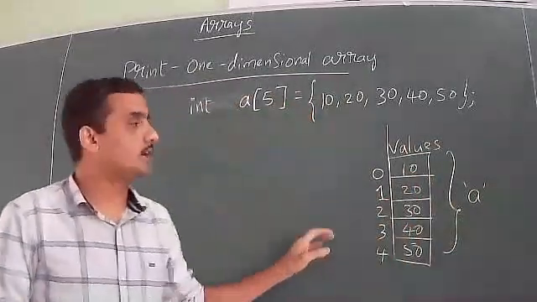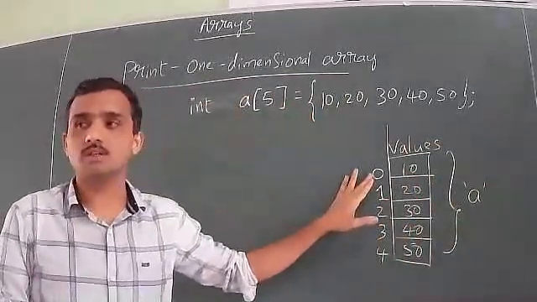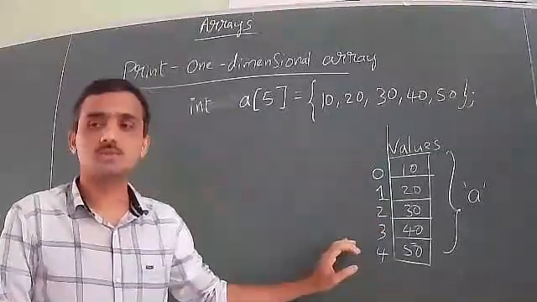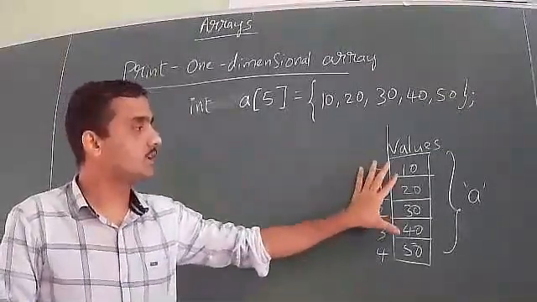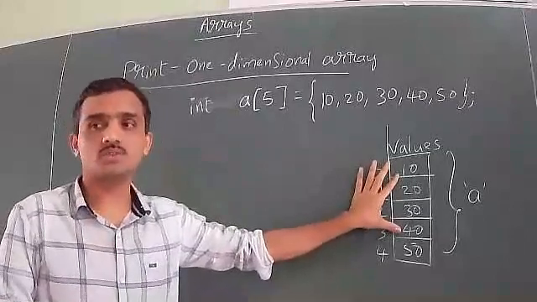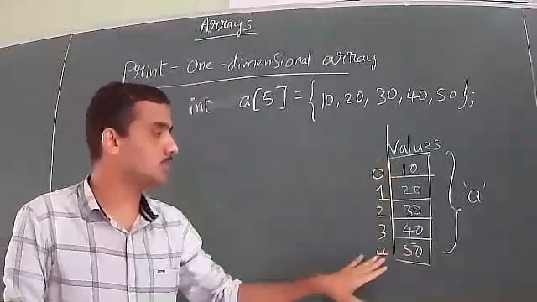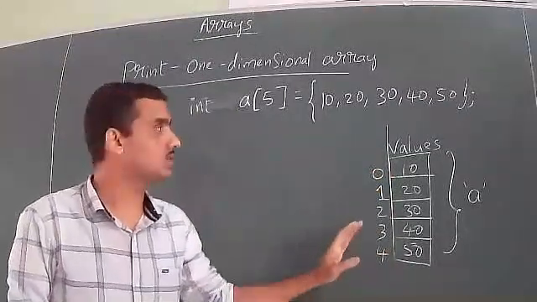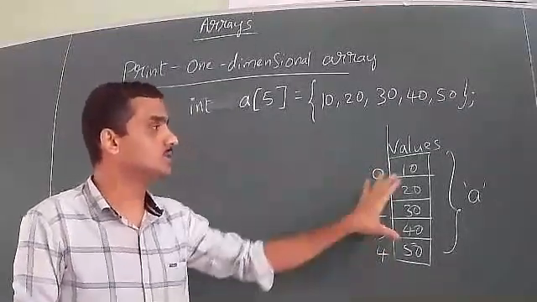Array position always starts from 0, that is the index value, and it will end at n minus 1. Here we have considered 5 elements, and 5 minus 1 is 4. So the last element position will always be n minus 1, that is the number of elements minus 1, or size minus 1.